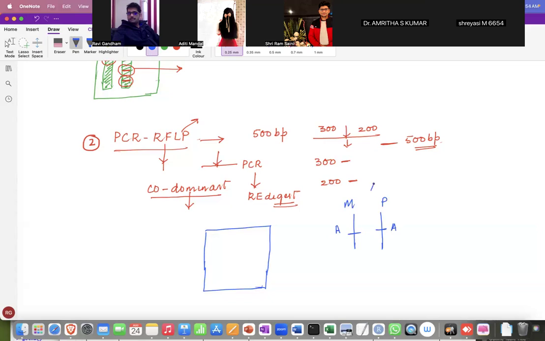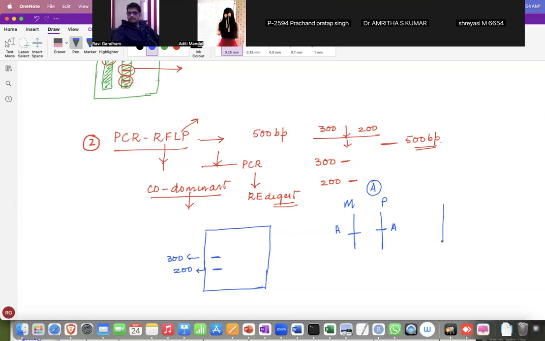Now, this is individual A, right? For this individual, if there exists polymorphism, you are going to have a band at this length and at this length, this is called 300 base pairs, and this is around 200 base pairs, right? Now you have two fragments that are amplified.